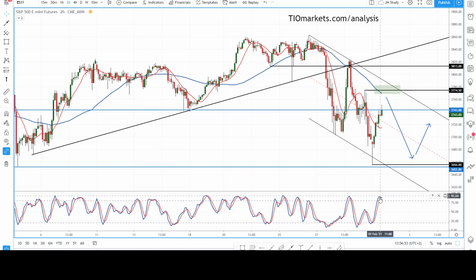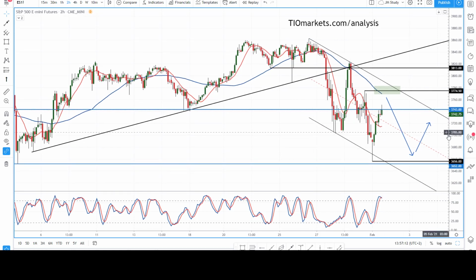Using the stochastics oscillator here as a guide on what might be happening with this market, it is at the moment pointing that we are losing a little bit of momentum and we are at overbought levels. So we are at levels that could cause, maybe now or fairly close to these levels, more momentum loss and maybe the market rolls over a little bit.